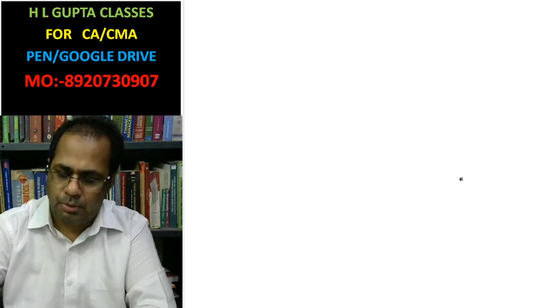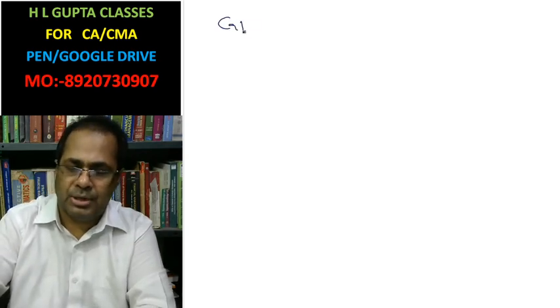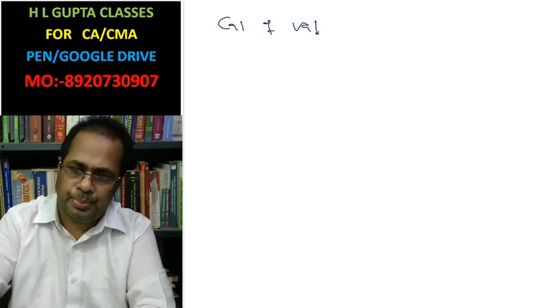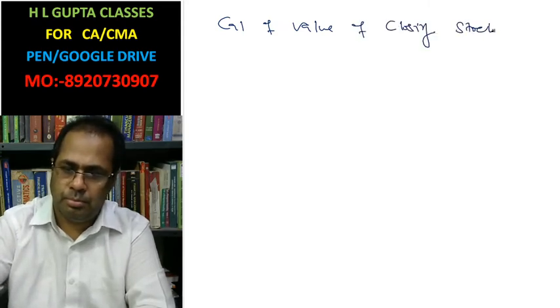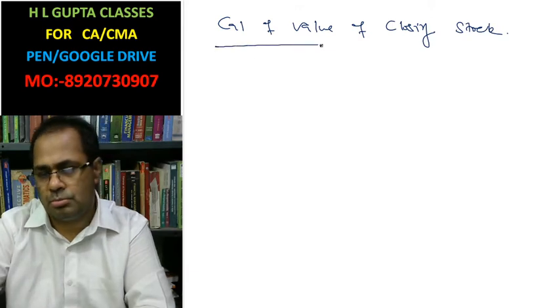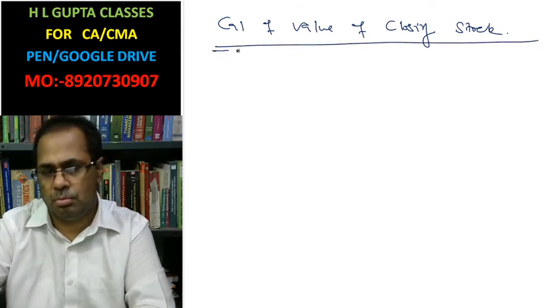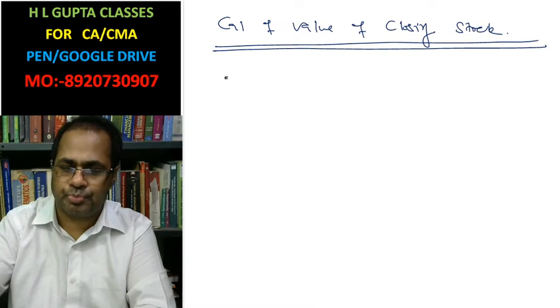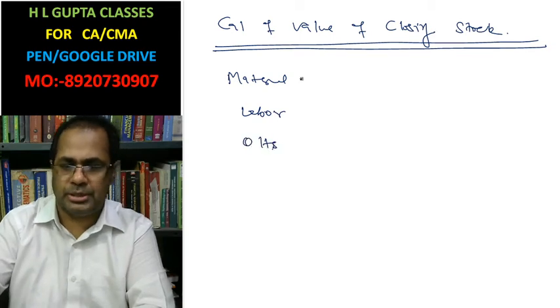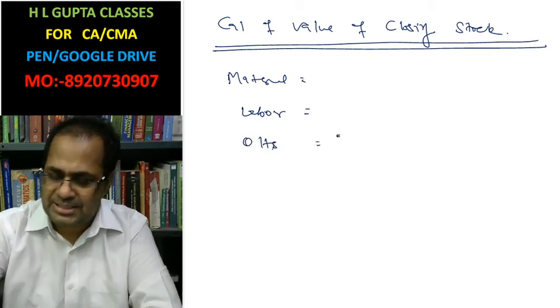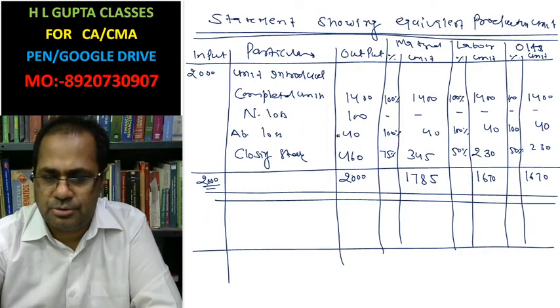Okay. Now calculation of value of closing stock. Material, labor, overheads. What was the stage of closing stock? Please try to see here.